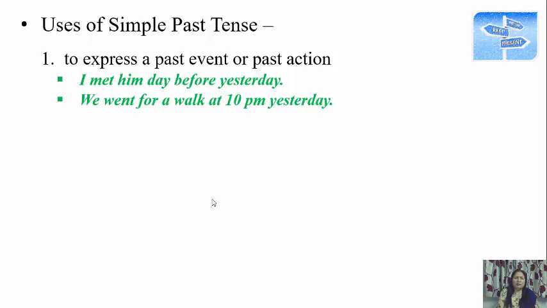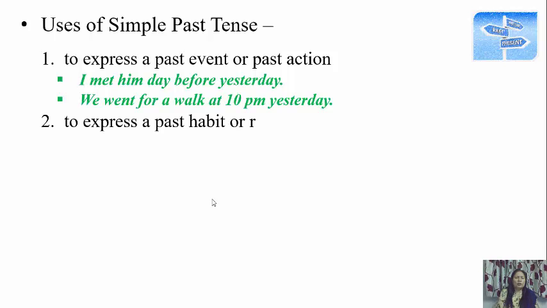Again time is given. So at 10 p.m. or day before yesterday or any other time, or it can be long before, like the battle of Panipat was fought in, and then some year, that may be long before. Now this is to express an event which took place in the past.